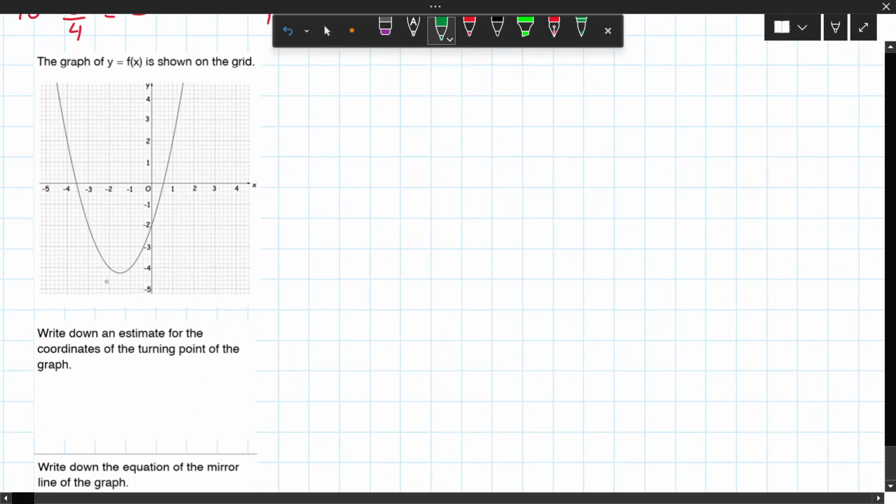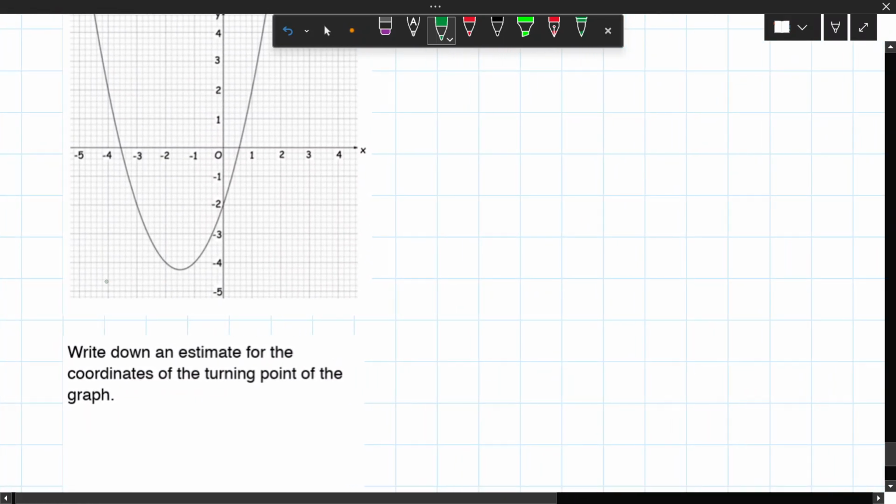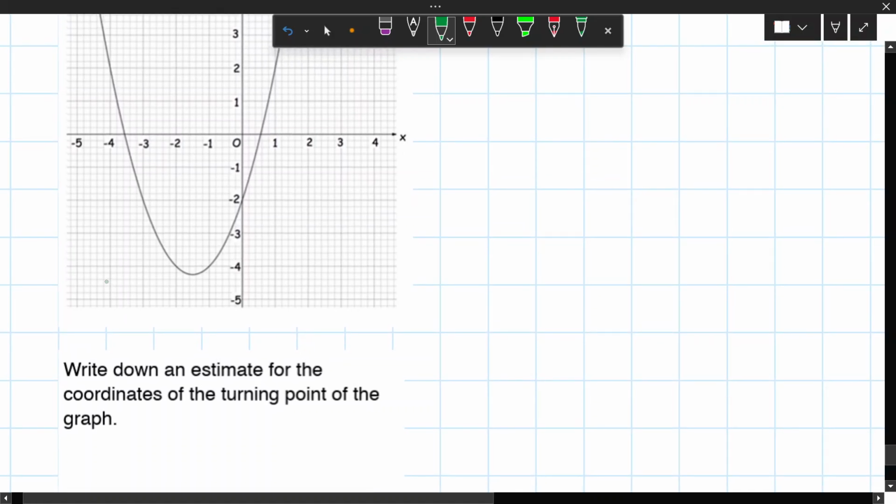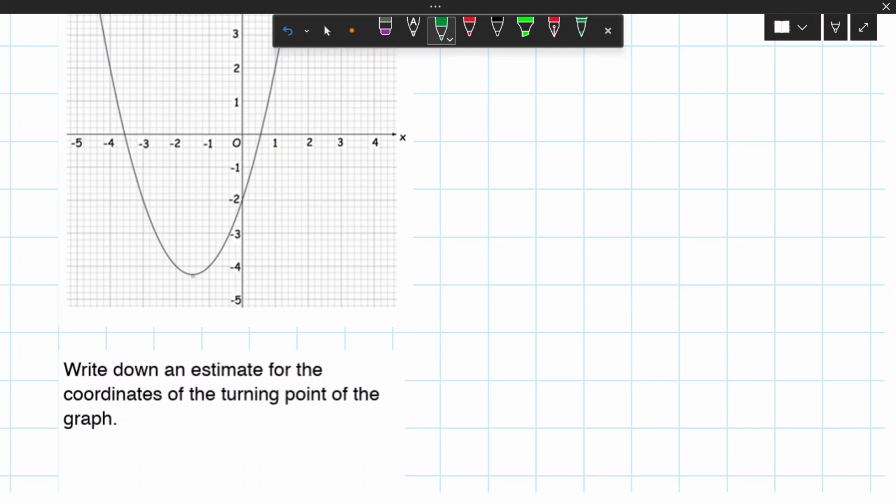Number 3 is a graph question. So it says write down an estimate for the turning point of the graph. So let's see if we can figure this one out. So there's my turning point somewhere here.